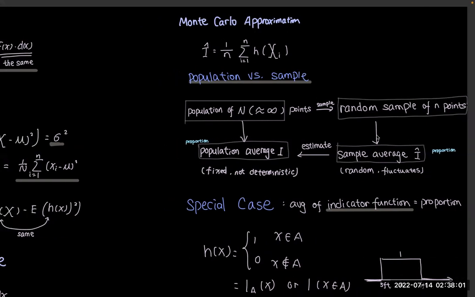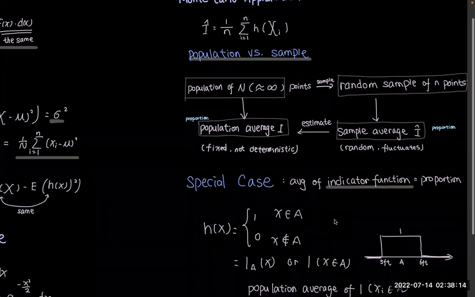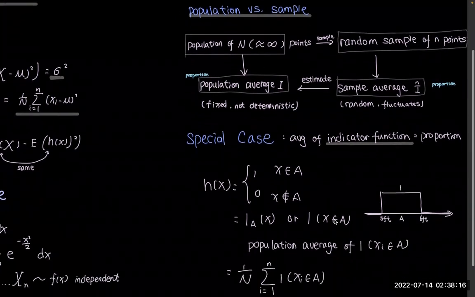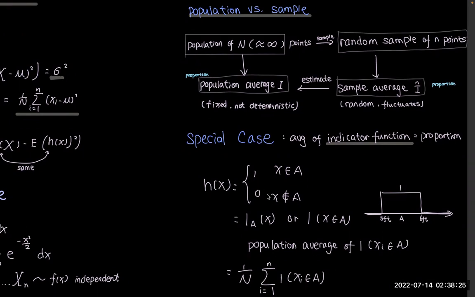A special case for this h function is the indicator function. If we average over the binary indicator function, we then get the proportion. This is an important fact that we should be aware of. That is, h of x equals 1 if x is within a certain set A, a certain range A, and it is 0 otherwise.